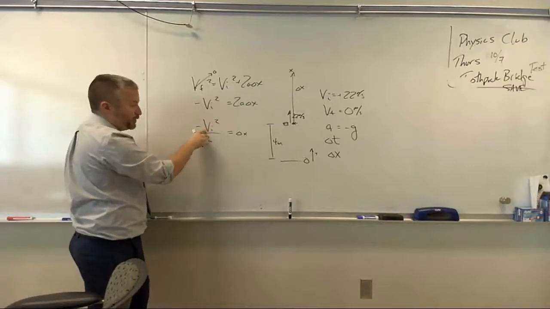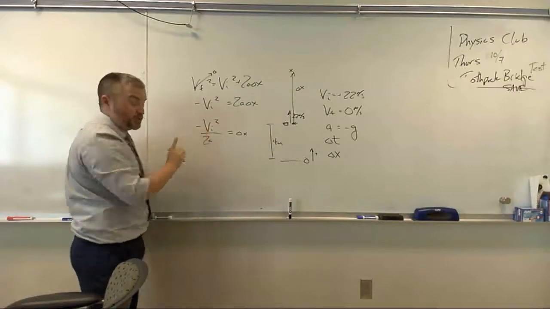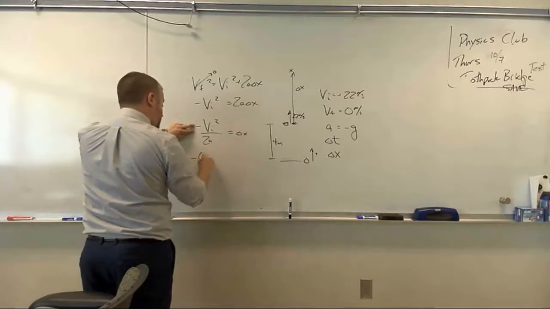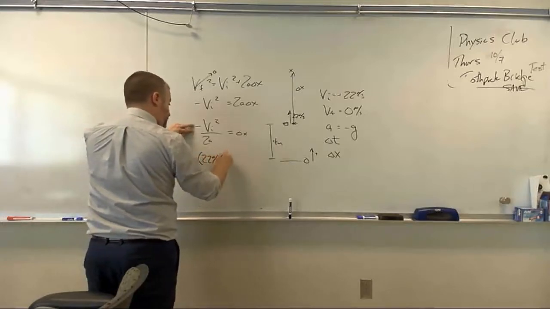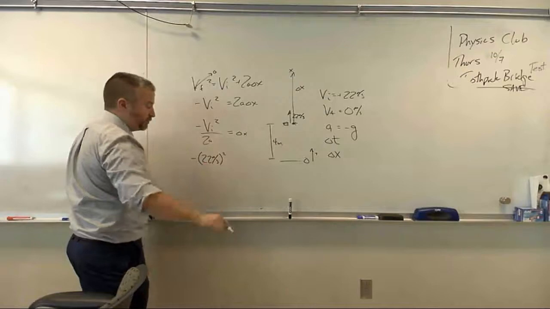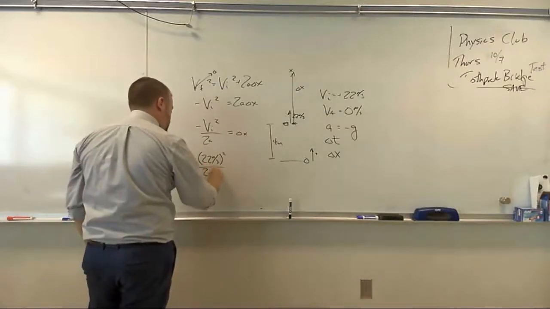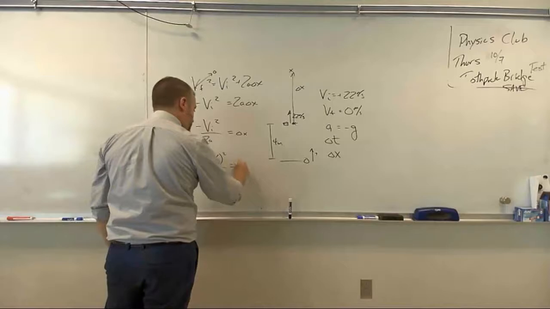This is only squaring what's inside the velocity initial, and that's very important because when we plug this in, what we get is negative times (22 meters per second) squared, you'll notice my use of parentheses because we've plugged something in, divided by 2 times negative g is equal to the displacement.